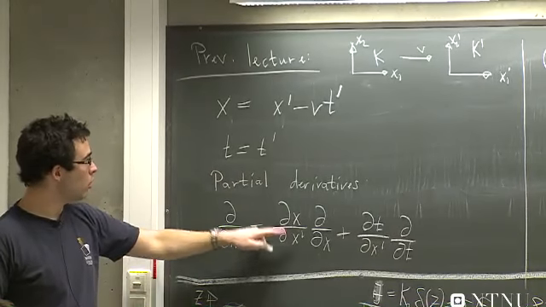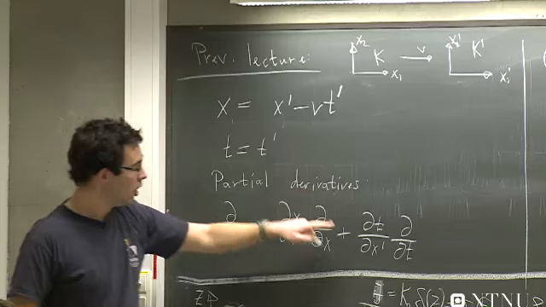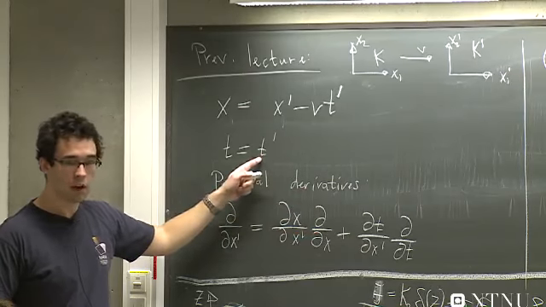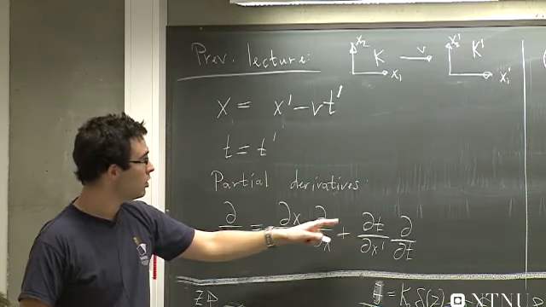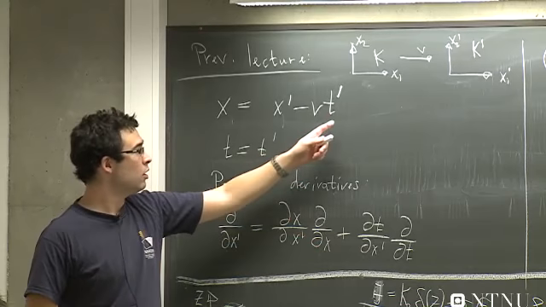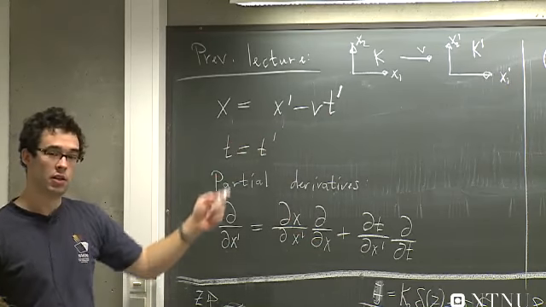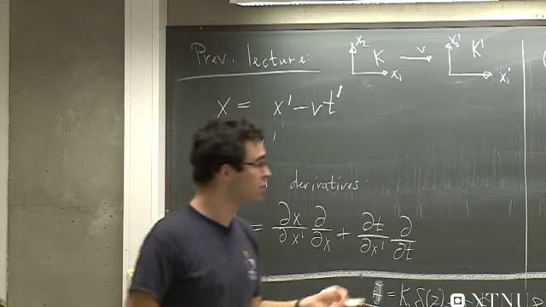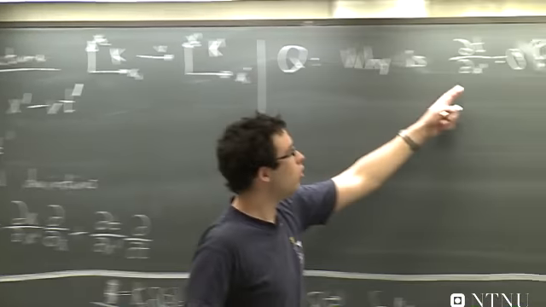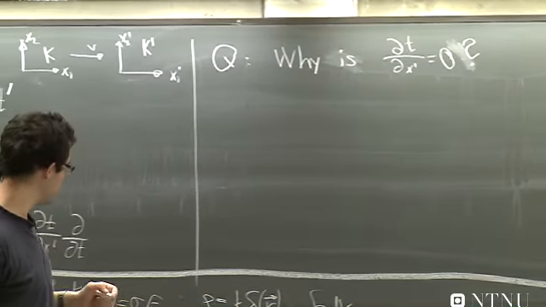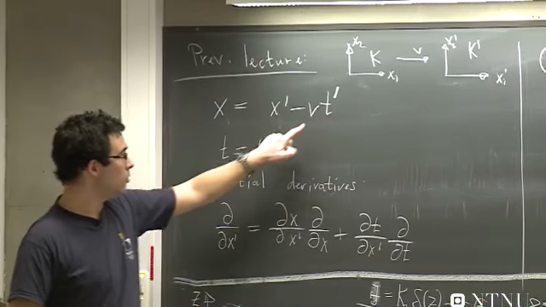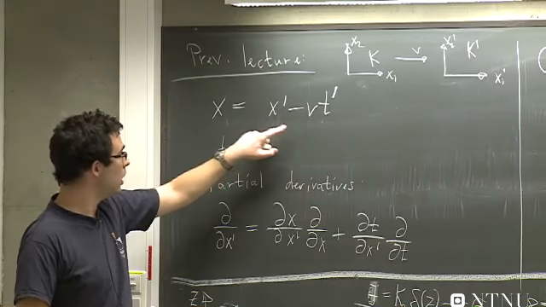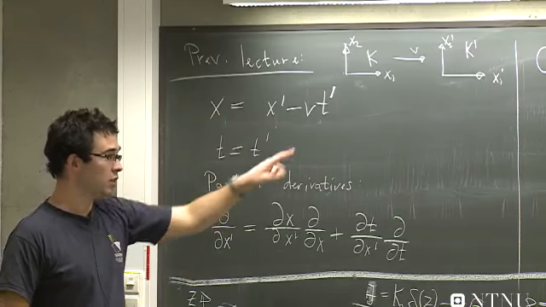Now this one is equal to 1, and this one is equal to 0. And the question was, why is this 0? Because t is equal to t prime, and then t prime is equal to something that has x's in it. So why is this one 0? Well, a partial derivative doesn't move on its own, but you could of course use the chain rule, proceed to this equation and insert, and then you would get something.